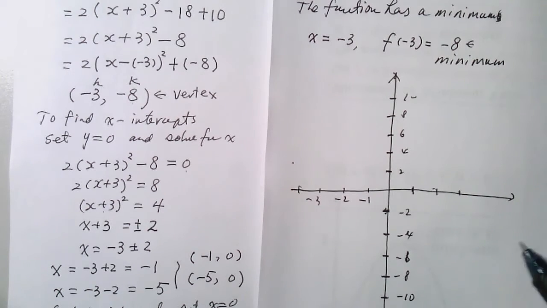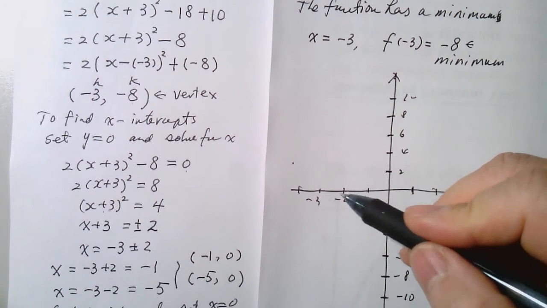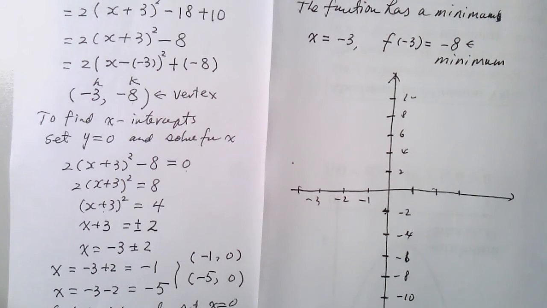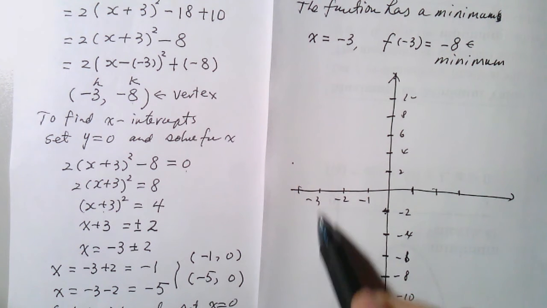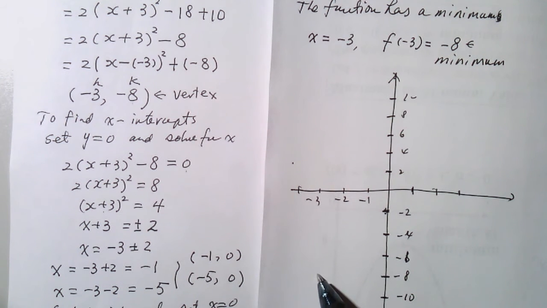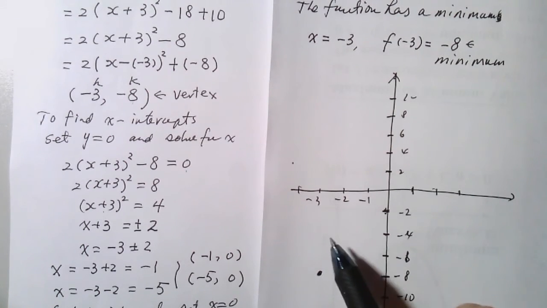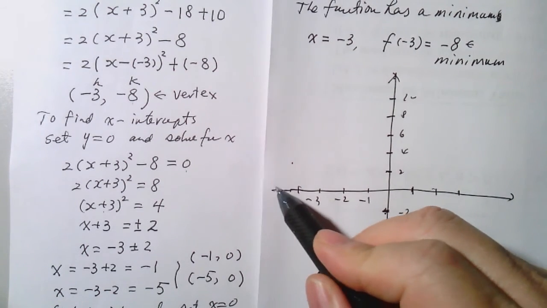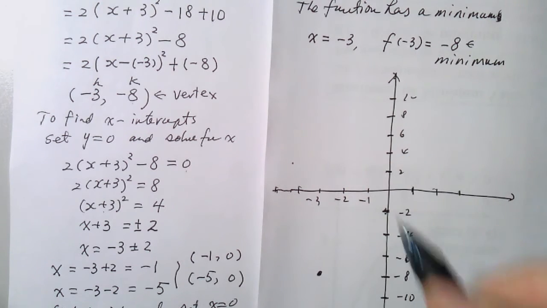Now let's see here. Negative 3, negative 8 is about here. The x-intercepts are negative 1 and negative 5.